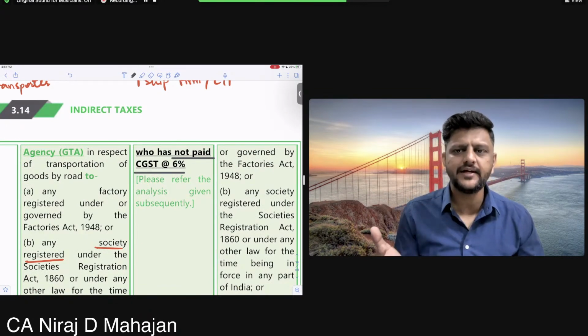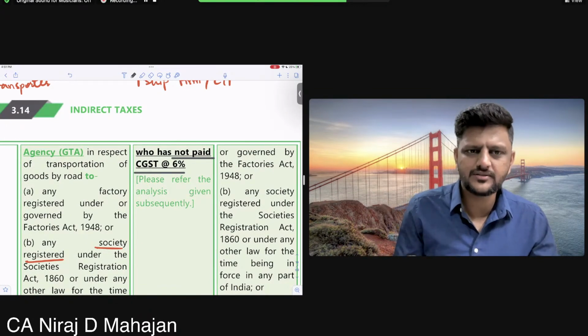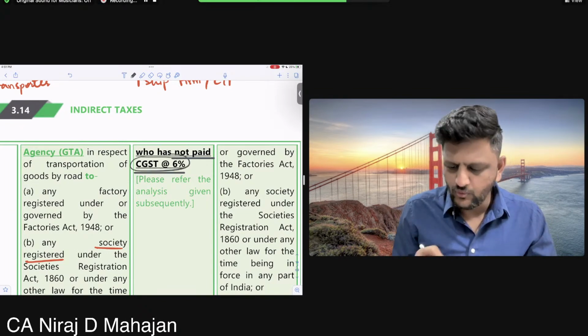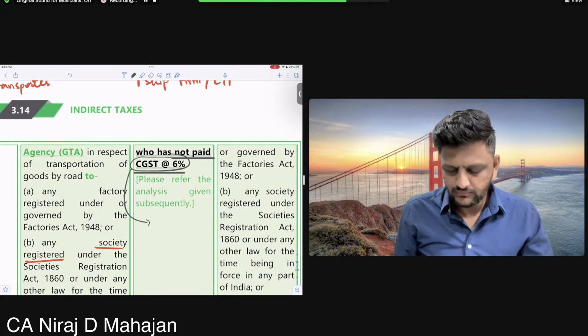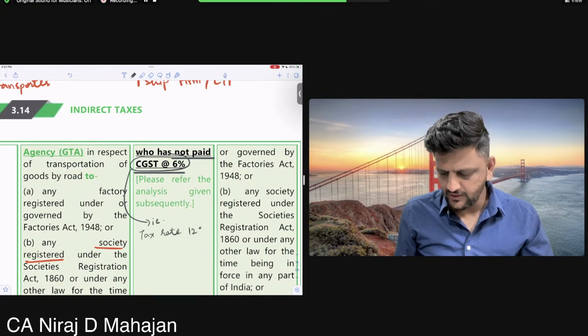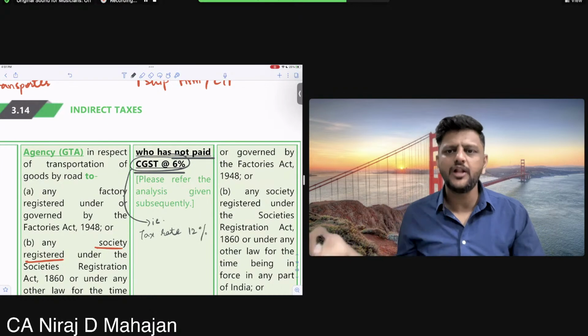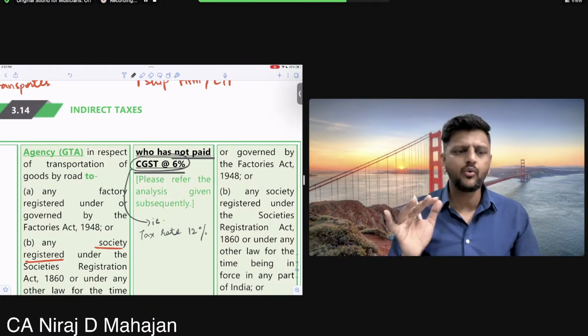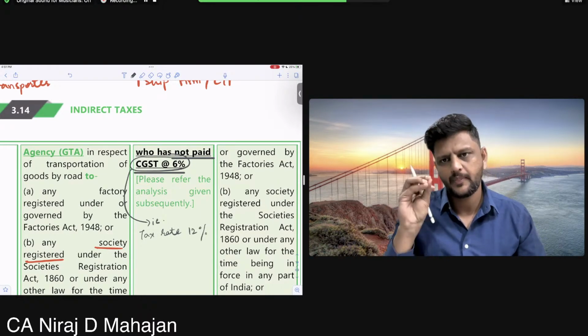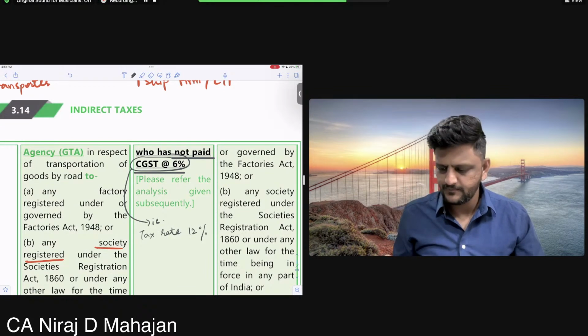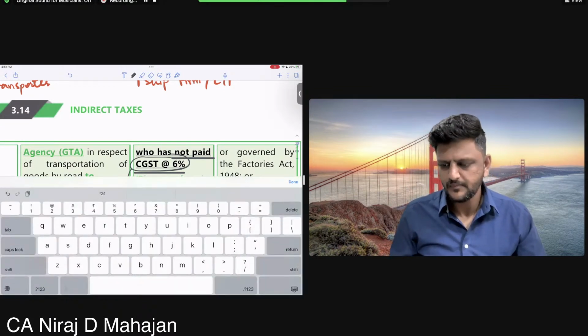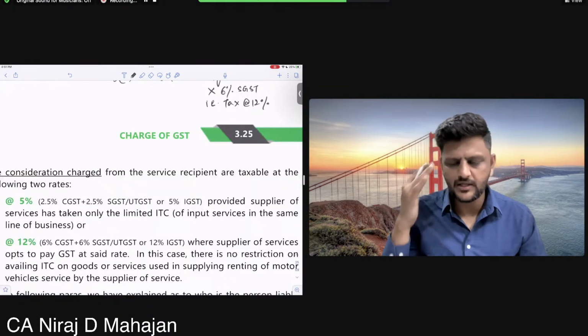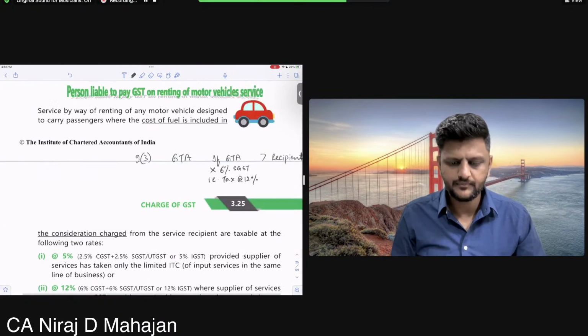So if not 6%, this should not be shown as CGST 6%. What is my tax rate? That is 12%. So if he is not paying at 12%, he is paying at what rate? Or what rate will be applicable? 5%. Did you understand or not? All of you tell me.